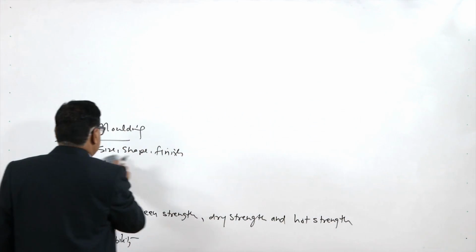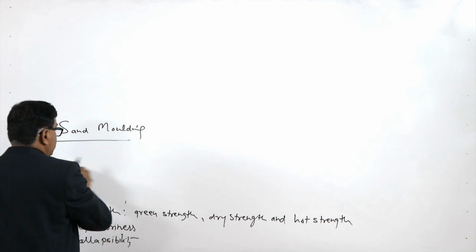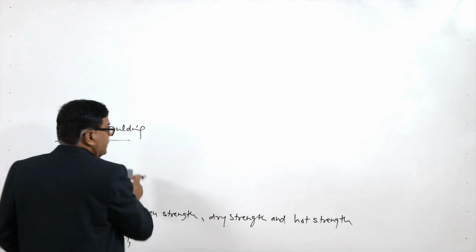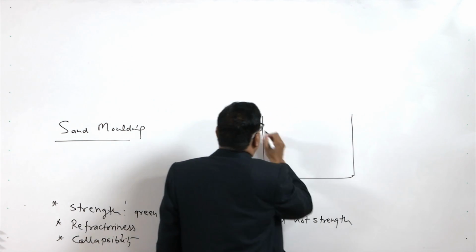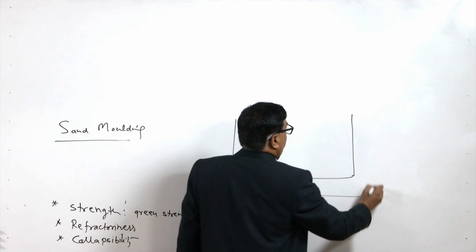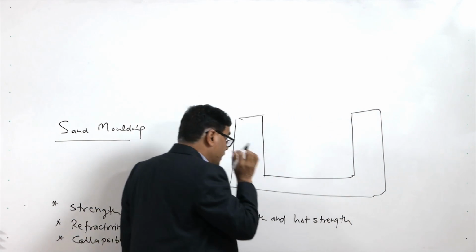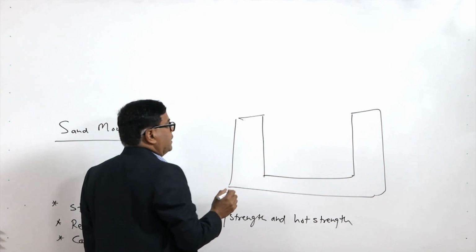If the mold is not of the proper strength, then under the effect of the metallostatic pressure, the mold walls will be damaged, and this damage can occur in different forms.